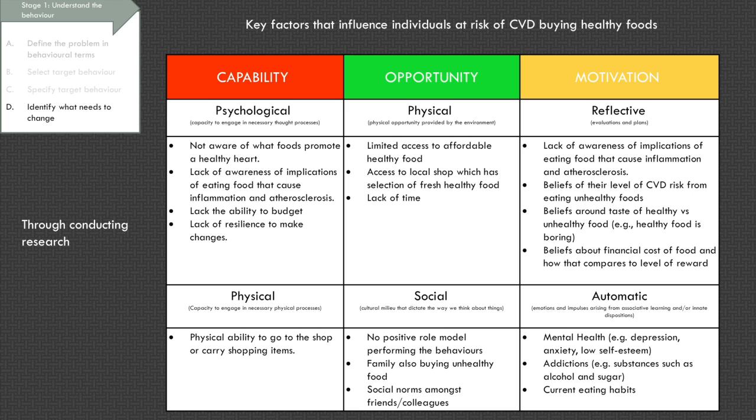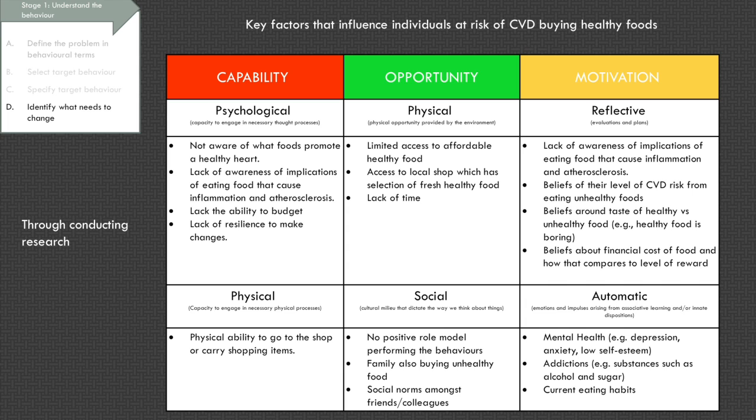And to do this, we need to gather all the information that we've collected, either through the literature reviews that we've done or from the research, whether that's through doing interviews or focus groups or through doing quantitative surveys. And we take that information and we look at all the different barriers that are affecting people with cardiovascular disease from eating healthy.